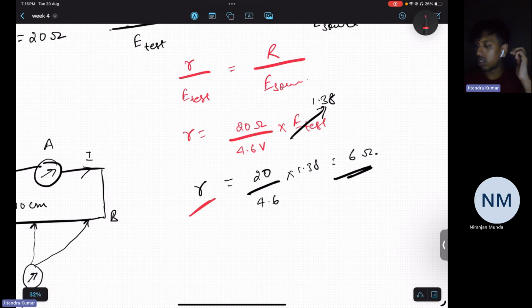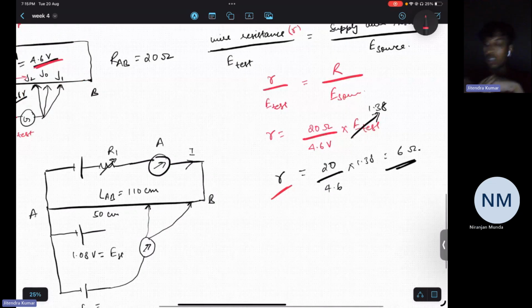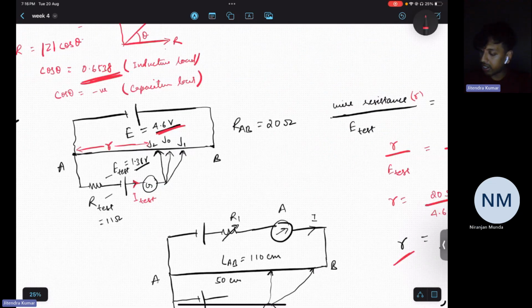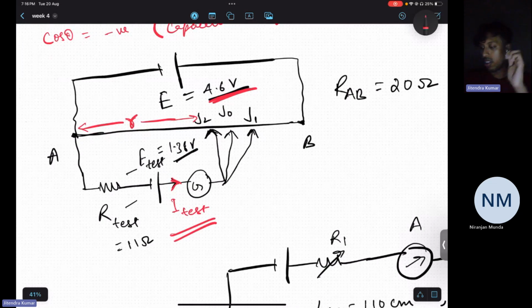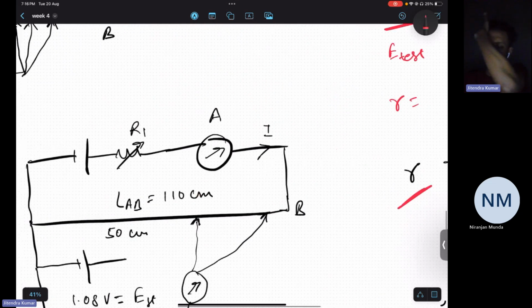Okay sir. Okay. So is there any problem in the first part, because we are moving to the second part. No sir. We are going to calculate the test cell current, this I test. We calculated R, and R is nothing but 6 ohm.